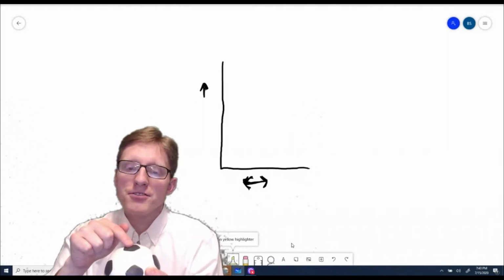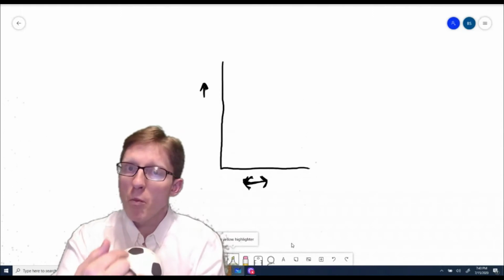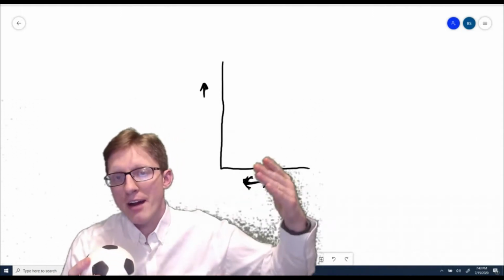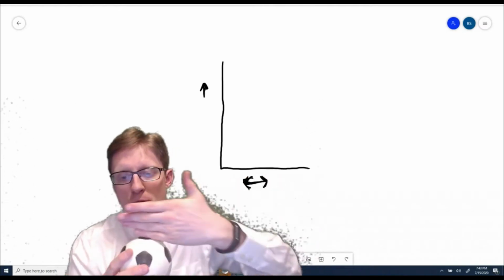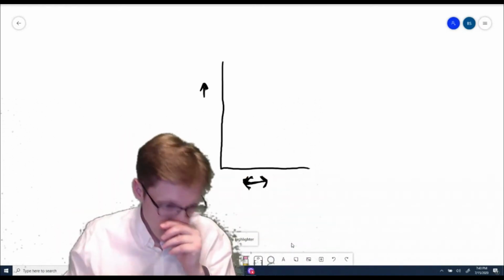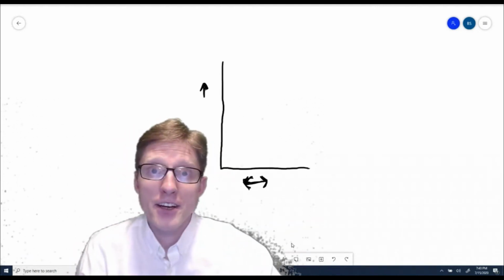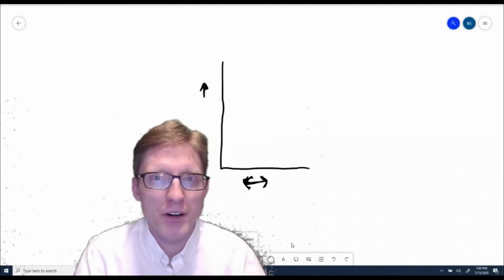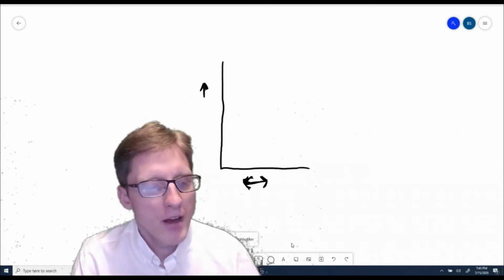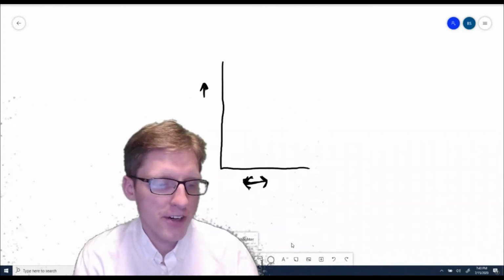So another necessary condition is that the slope along this y dimension also has to be 0. So you have two necessary conditions: the slope along this dimension is 0, and the slope along this dimension is 0. That's the basic idea here. We're not going to worry about the second order conditions to make sure that what we found is a maximum or a minimum. We're just going to focus on those necessary conditions.